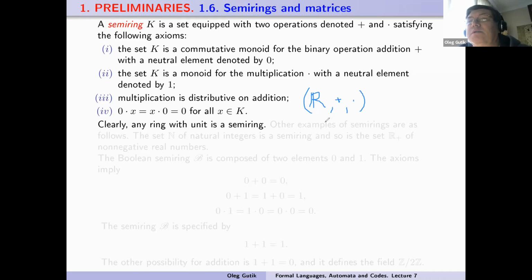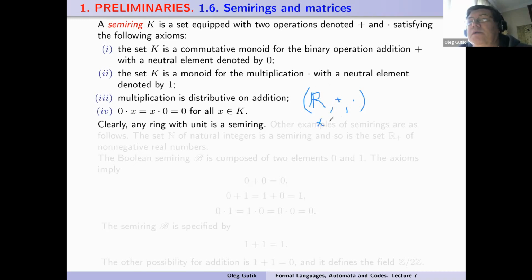Moreover, it is a field, because the real numbers under addition form a group, and for any non-zero element from the set of real numbers there exists a unique inverse.